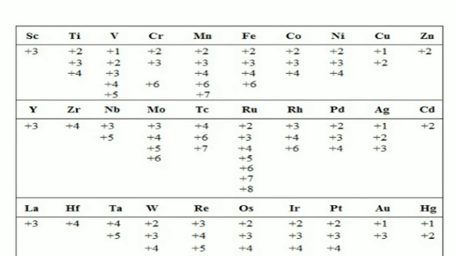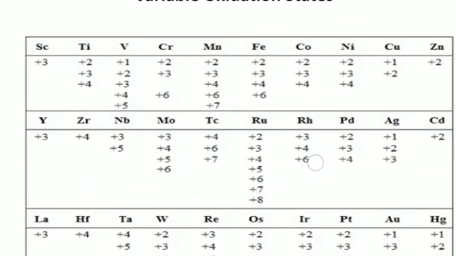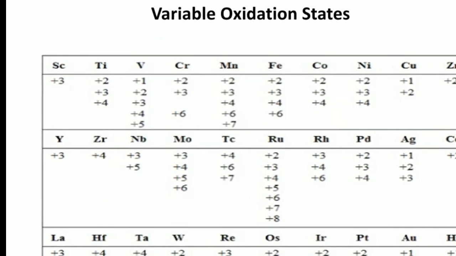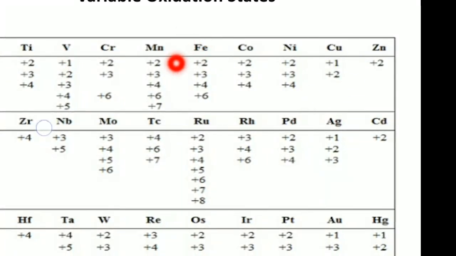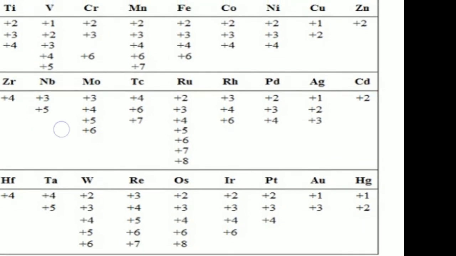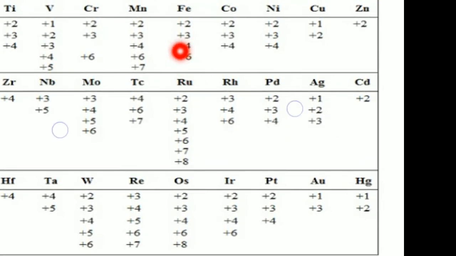Those oxidation states are already given in this particular slide. Copper shows +1 and +2 oxidation states, whereas zinc has only +2. Silver has +1, +2, +3.